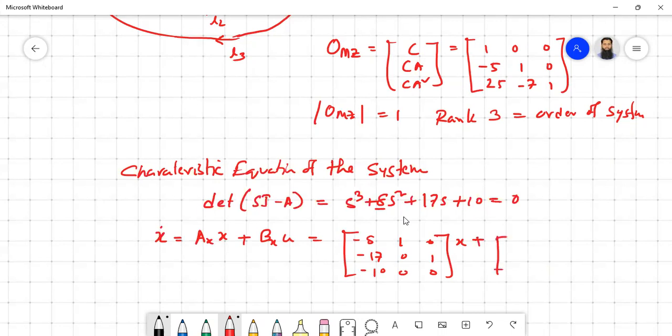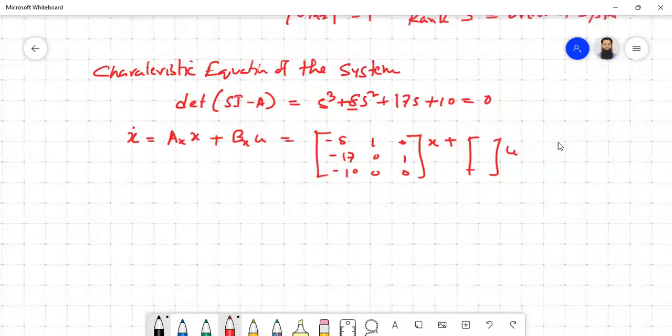B is not that important in our case. What we are interested in is the A matrix and the C matrix. In the observer canonical form, only the output is related to the first phase variable, so you can write C to be 1, 0, 0.